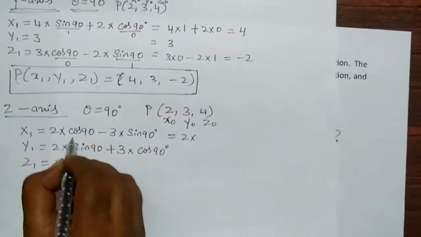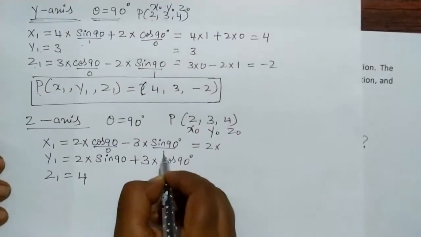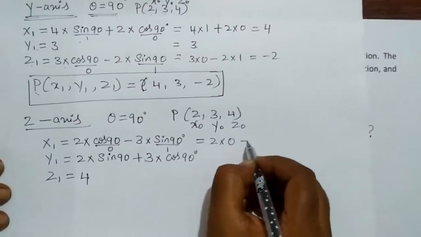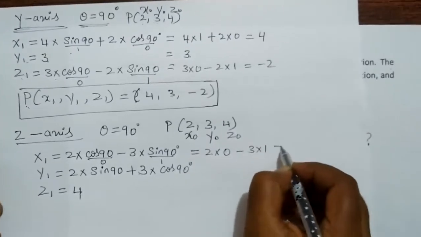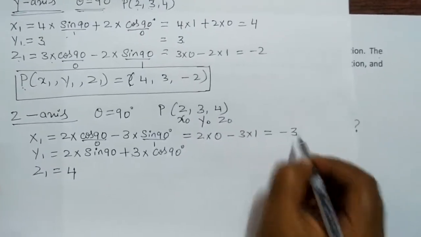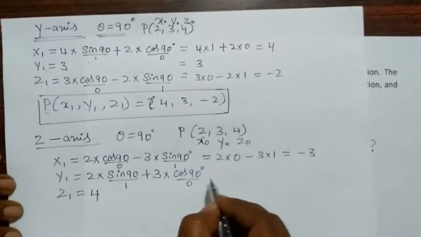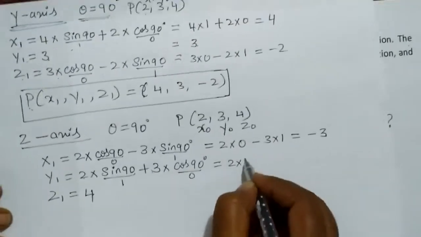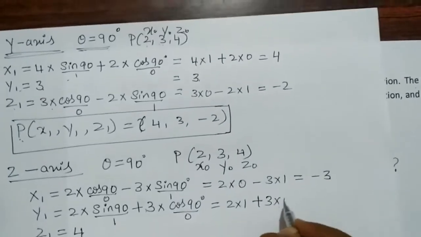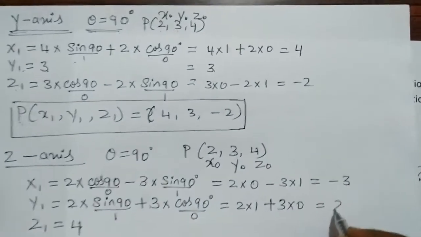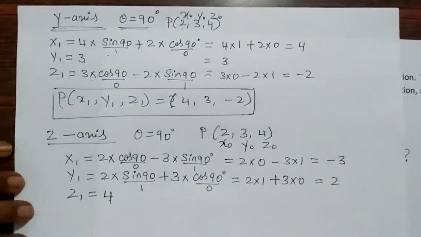2 into cos 90 is 0, sin 90 is 1, so 2 into 0 minus 3 into 1 will become minus 3. Next, 2 into sin 90 is 1, and cos 90 is 0, so this will become 2 into 1 plus 3 into 0, which is 2. And our z1 will be 4.